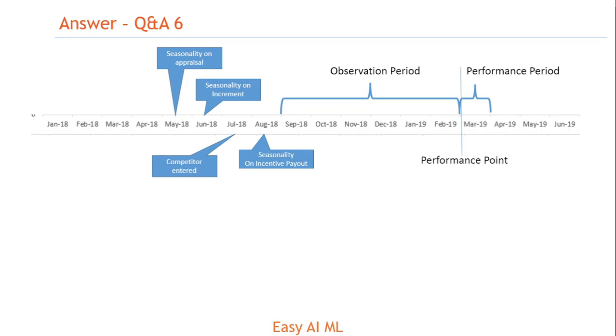September 18 till Feb 19 is taken as an observation period, and 30 days, March 19, as a performance period. So we are going to study last 6 month behavior pattern of an employee to find out an event of attrition in the month of March.